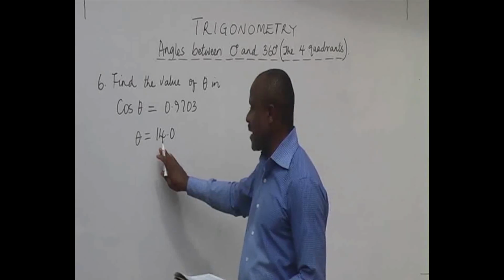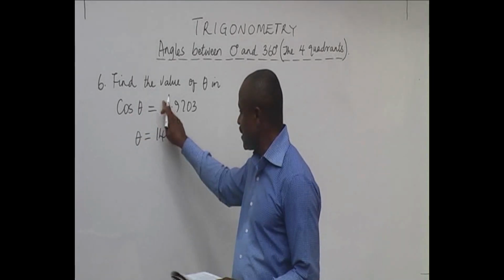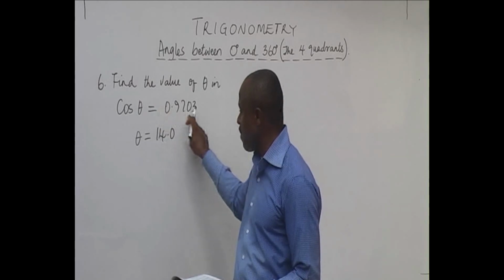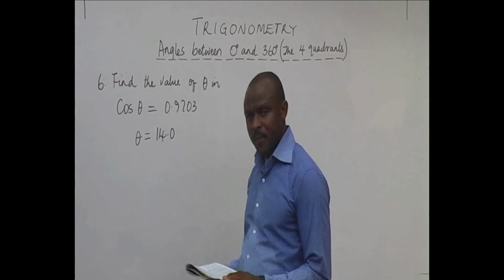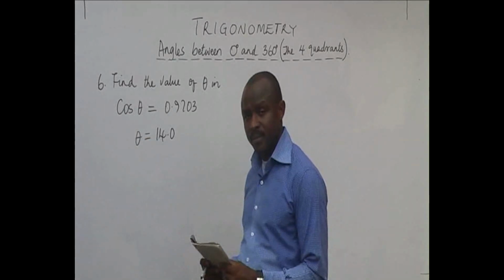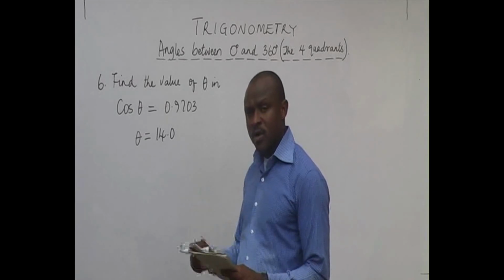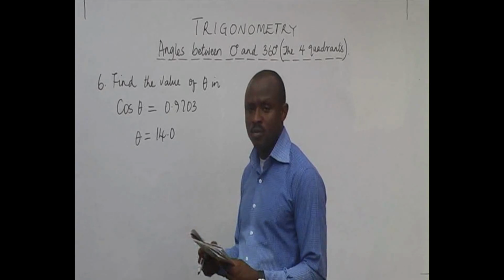But you will not leave it like this. Remember, the value of that cosine is positive, since there is no sign written before the number. Now ask yourself, in which quadrant is cosine positive? Cosine is positive in the first and fourth quadrants.